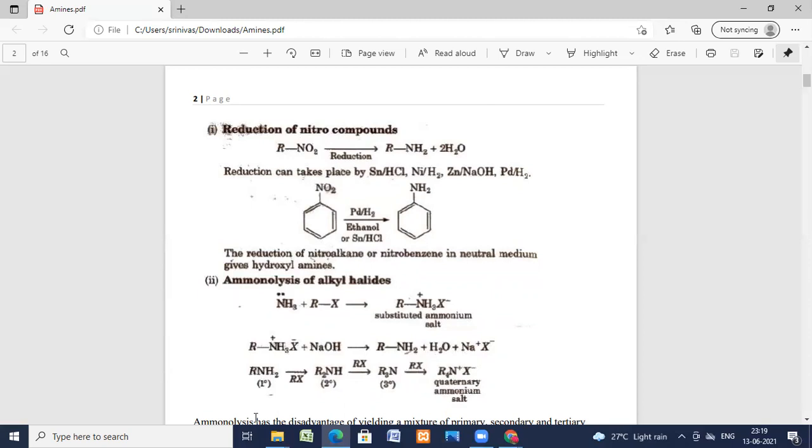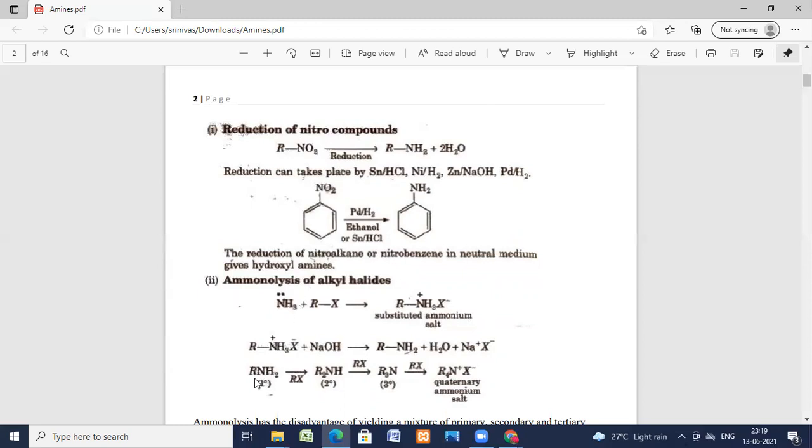In a similar way, ammonolysis is the reaction of ammonia with alkyl halide. It gives primary amine, secondary amine, tertiary amine can be formed by the ammonolysis of the alkyl halides.